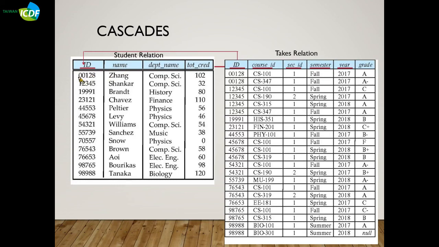If we want to delete the student with ID number 00128, at the same time, the corresponding text records with the same student ID will also be deleted. With the cascade actions, the referential relationships can be maintained here.